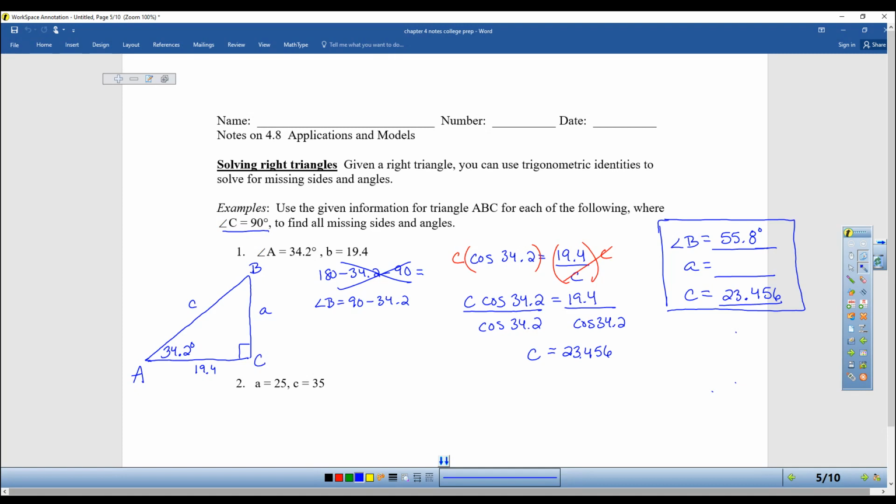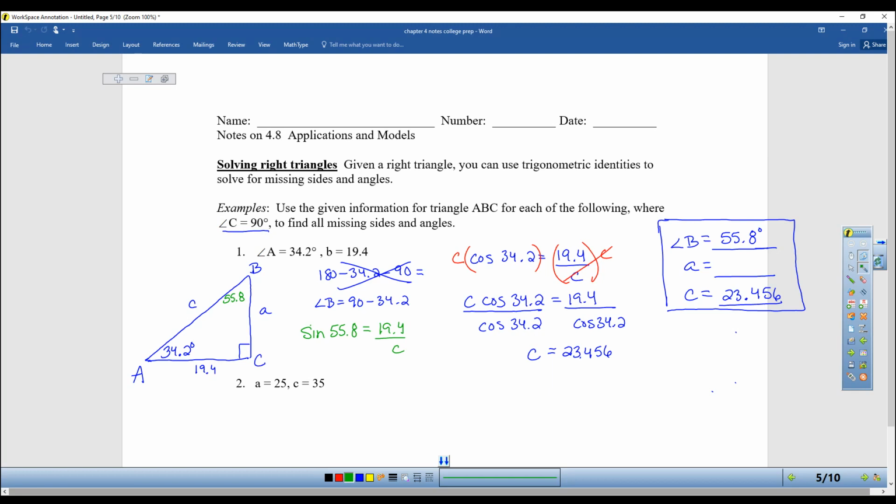So here's a little bit of a dilemma for you. Some students will say, oh, no, I like to use sine. Can I use sine since I figured out angle B? This is true. Angle B is 55.8. So sine of 55.8 would have been opposite over hypotenuse. So if you really prefer sine, you might want to do it this way.